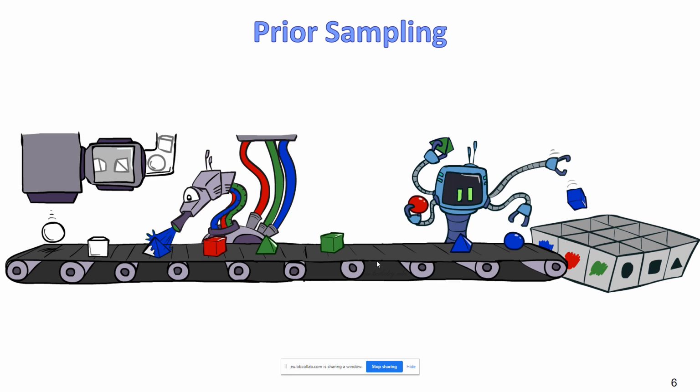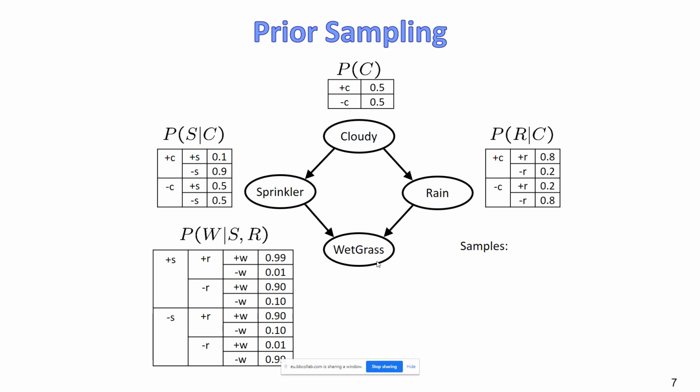Remember again, our objective is to do sampling from the Bayes net so that we can get the joint distribution. So that's exactly the objective for prior sampling. Given a Bayes net, I want to draw samples, and from these samples I want to do inference. Instead of computing the joint probabilities, I want to compute that from the samples that I will get.